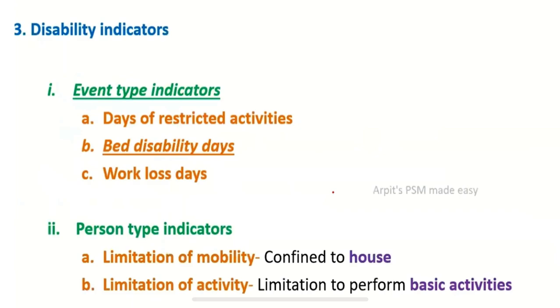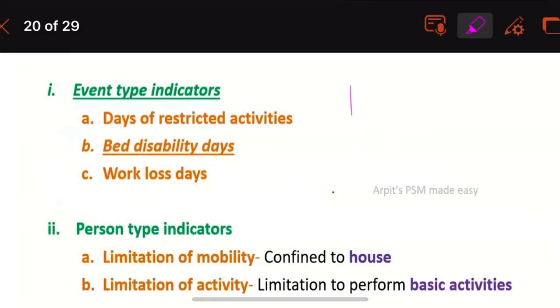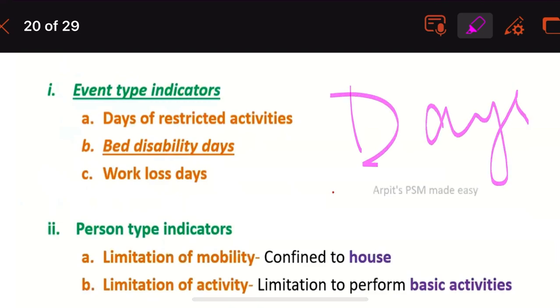So these disability rates have been categorized into two groups. We have event type indicators and person type indicators. Event type indicators deal with days. Event is related to that particular event. So we have days of restricted activities, bed disability days, work loss days.